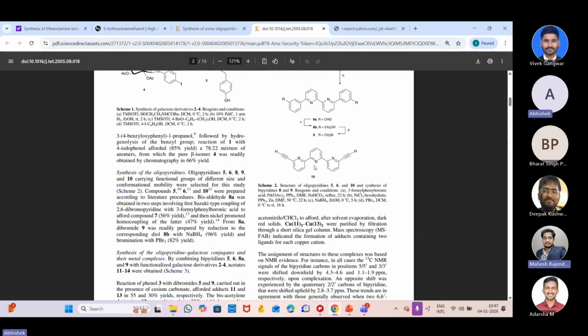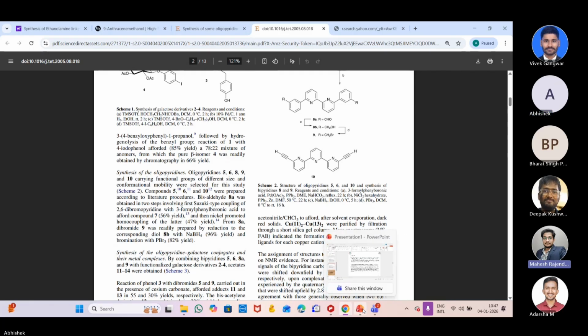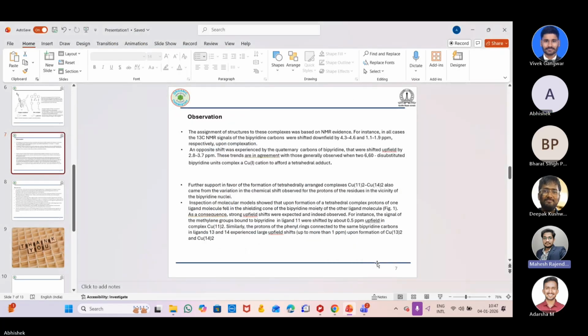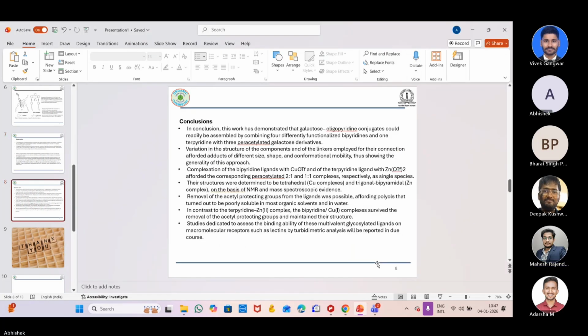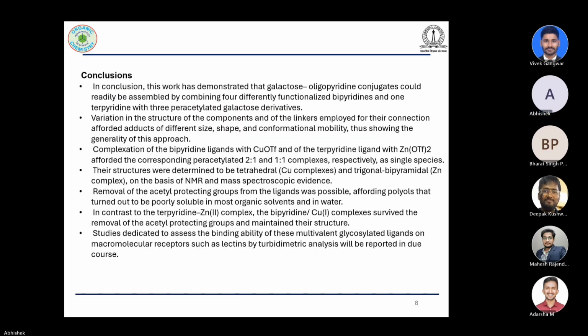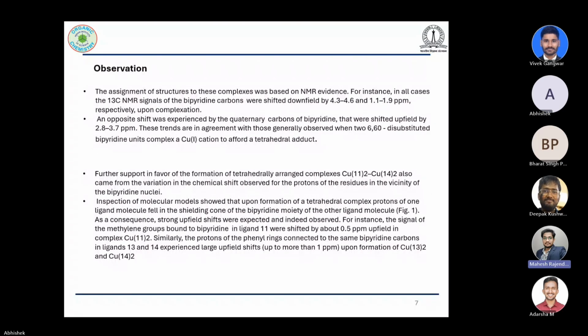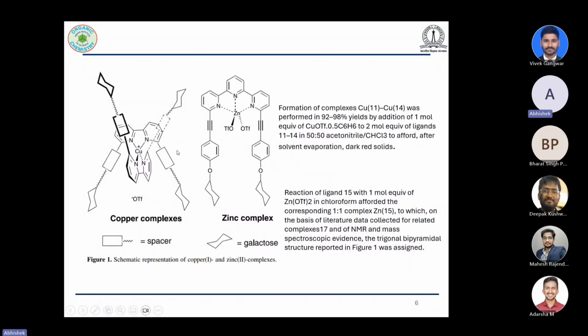By the way, while comparing the structures, which differences did they observe? Make it full screen. Before complexation and after complexation, it's the same molecule, so what is changed there? Which values changed? The bipyridine one. This chemical shift goes downfield and upfield when they come in the range of the metal.